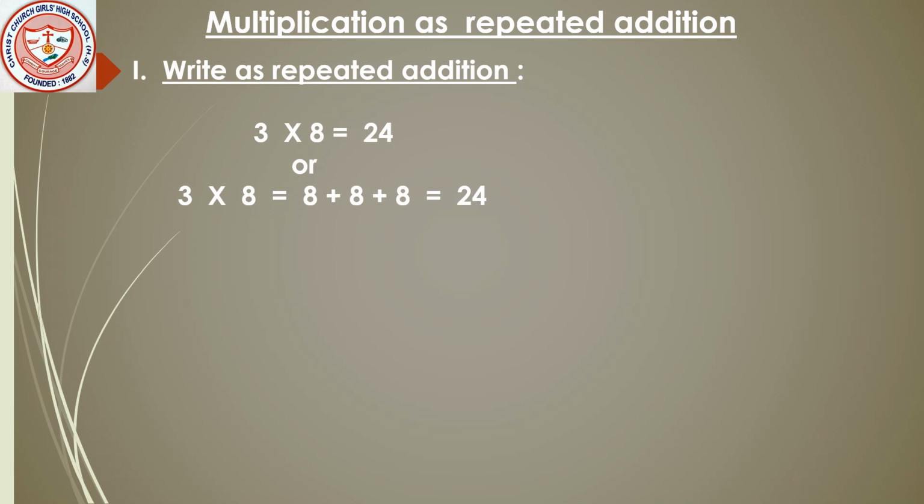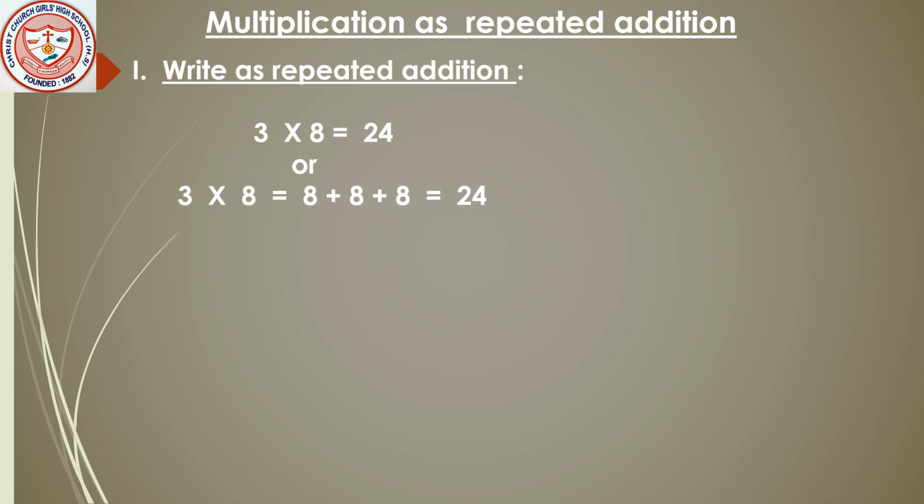Isn't it? Okay. Now, look, 3 into 8 is equal to 24 and 8 plus 8 plus 8 is equal to 24. See, in both operations we got the same answer. It means repeated addition is called multiplication.